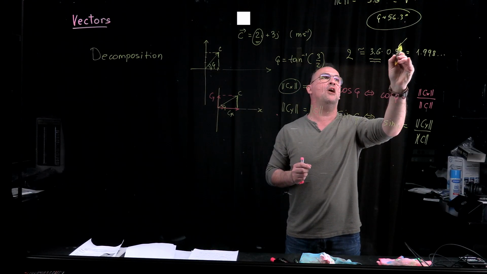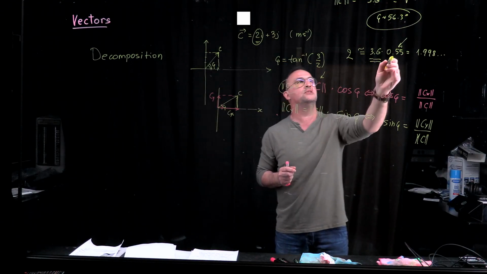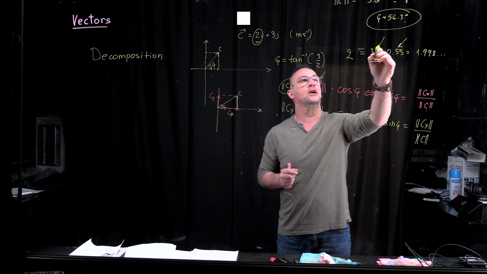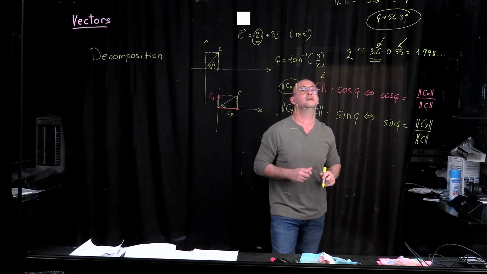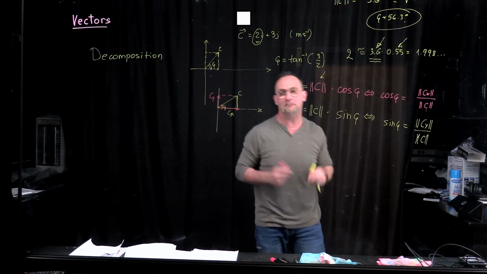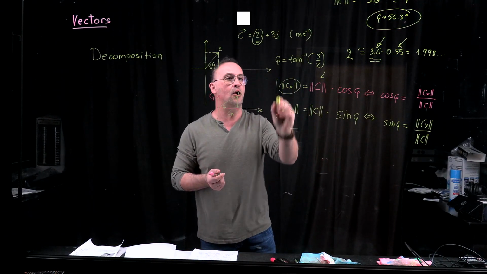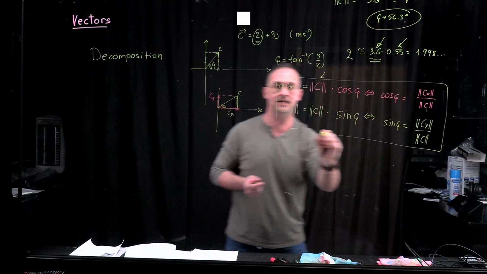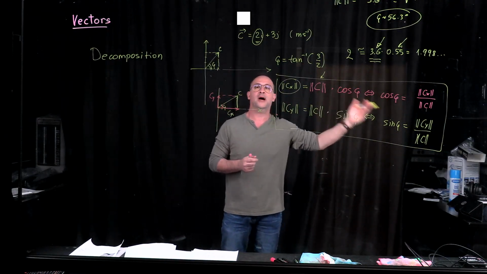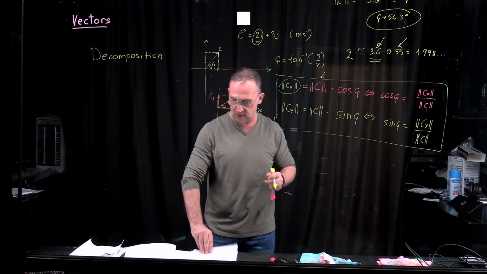So we have lost some significant digits calculating the cosine, and we have also lost some significant digits from taking the square root, because they're both irrational numbers. But algebraically, you can always say that I can decompose my vector into my x and y axes using the cosines and the sines respectively.